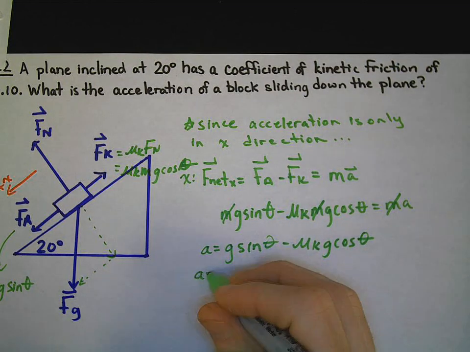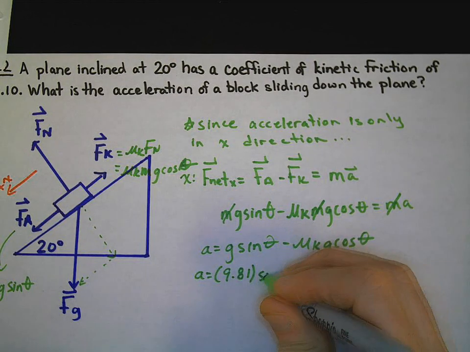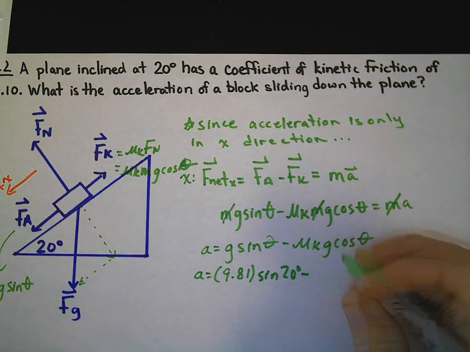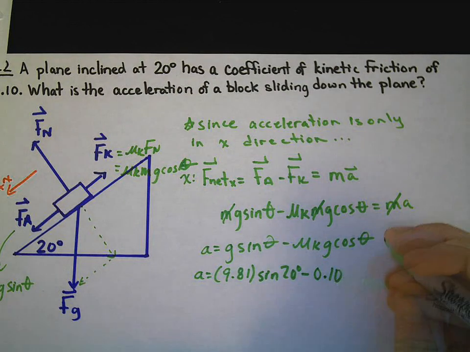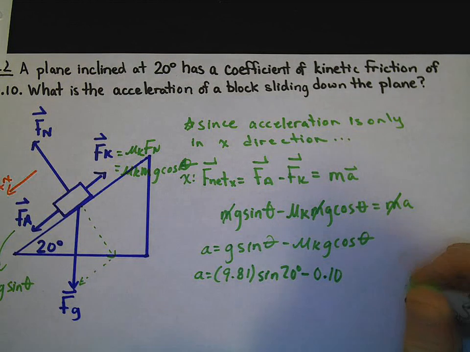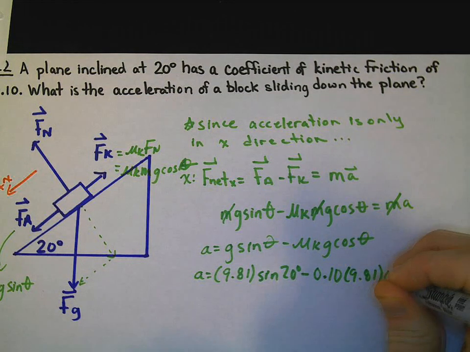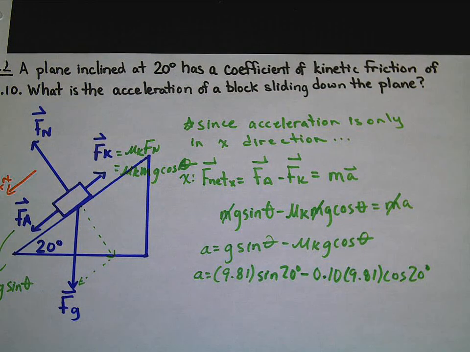So acceleration, therefore, is 9.81 sine 20 degrees minus 0.10 times 9.81 cosine of 20 degrees. And we can now merely solve for what we would get in this case.